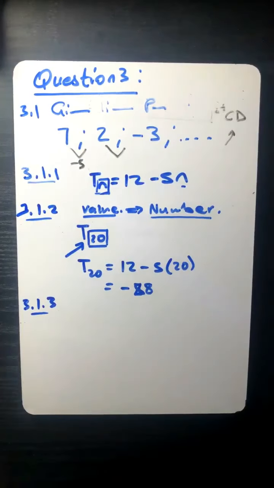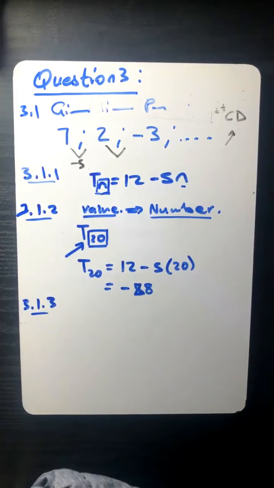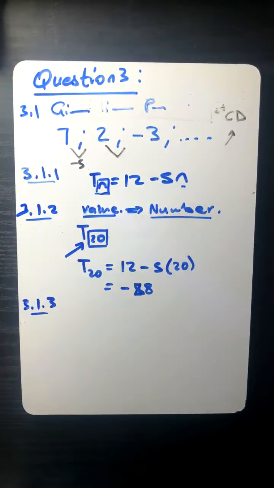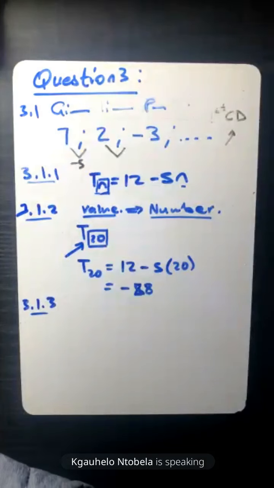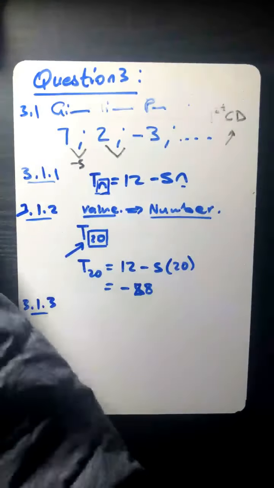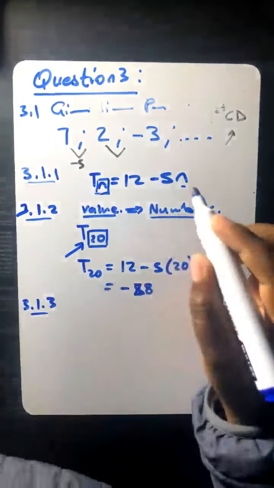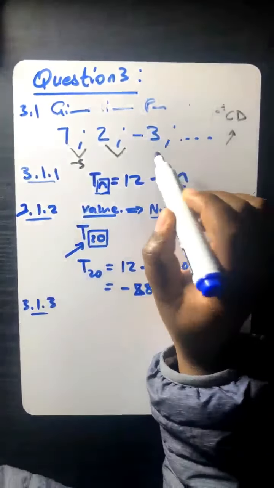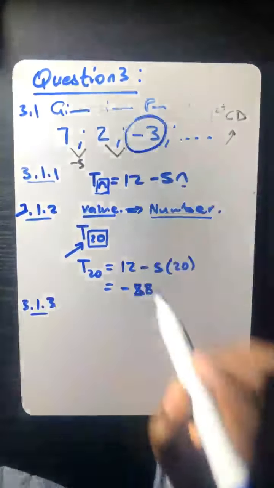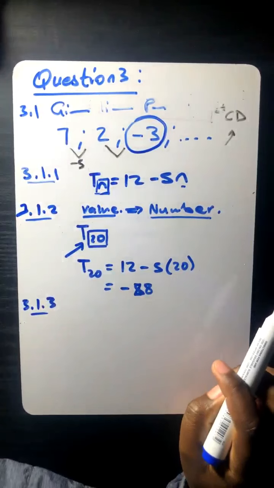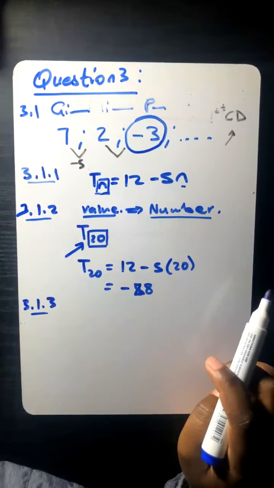Mention your name to answer that question. Which term in the pattern has a value of -3? Term 3? Hawelo has mentioned her name and gone for it. So she is saying term number 3 is the one that has a value of -3.